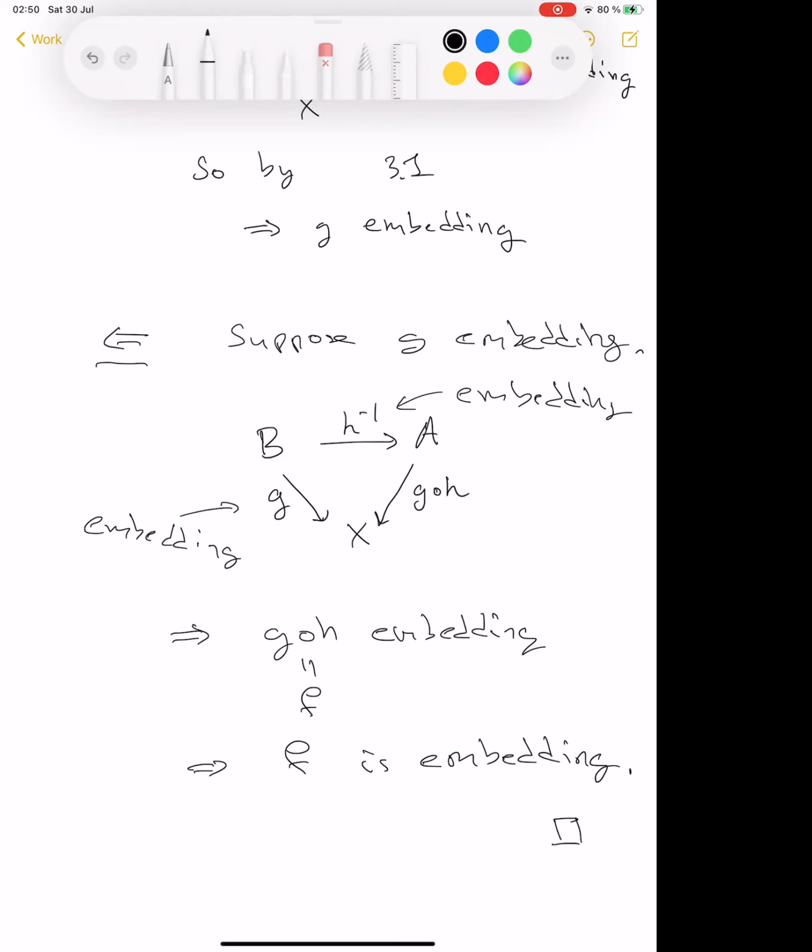Cool. I guess I have time for one. Oh, yeah, sorry. No, just if H is not an equivalence, but only an embedding, this lemma wouldn't be true, right?